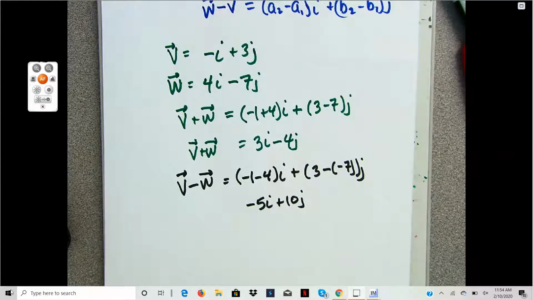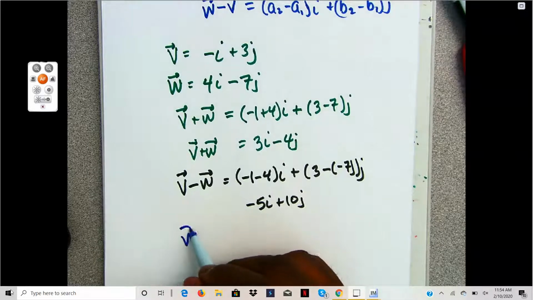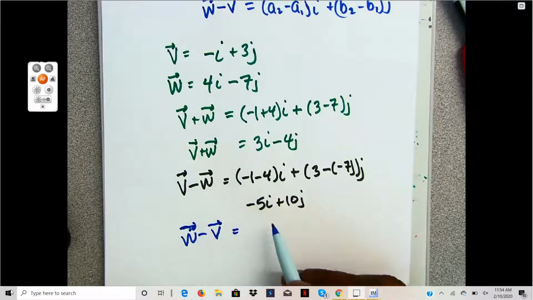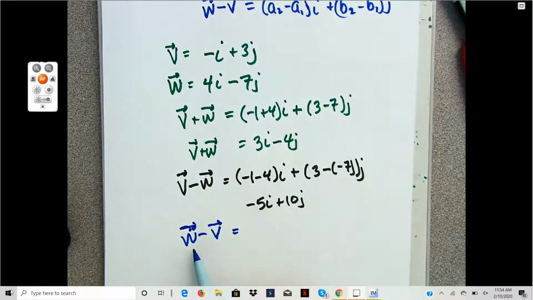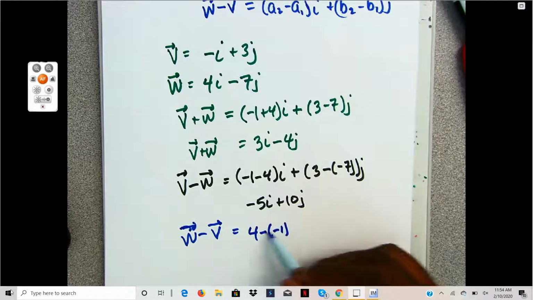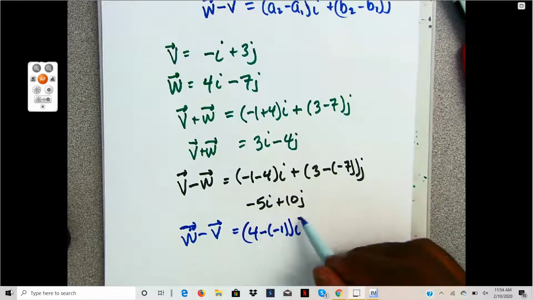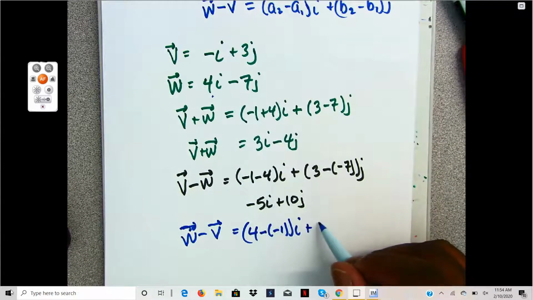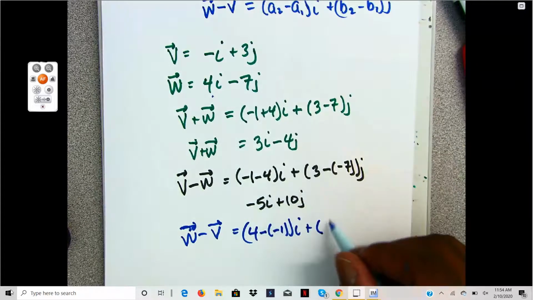One more. How about w minus v? Vector w minus vector v. In this case, the w is first. So it'll be 4 minus a negative 1 i plus negative 7 minus 3 j.